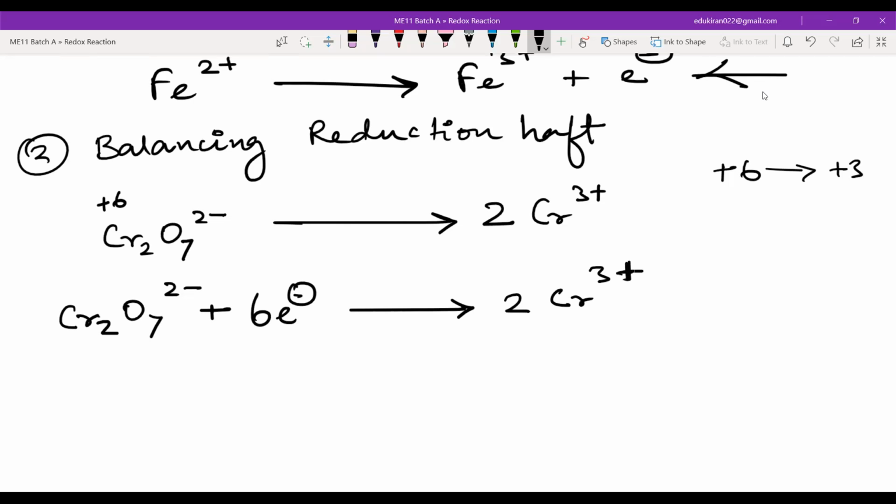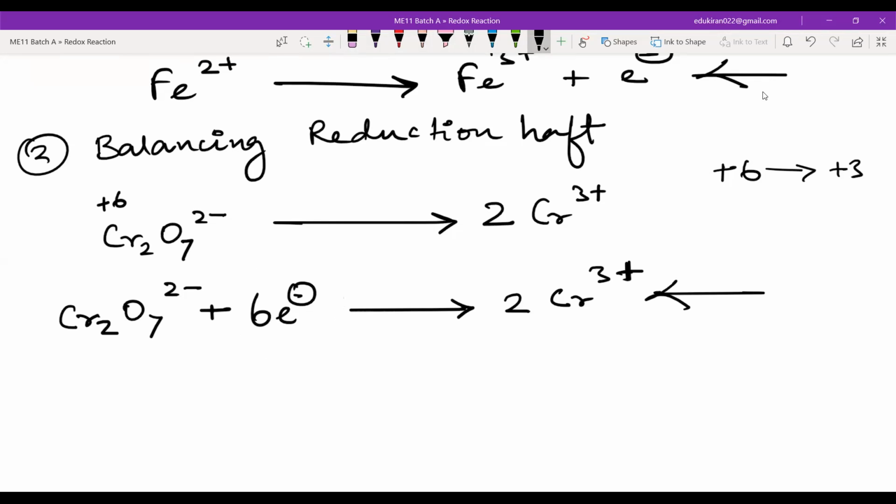You understand, na, that the chromium has the oxidation state plus 6 for Cr2 or Cr? Cr only. Why? Because you know how we calculate this? Cr2O7, 2 negative. For Cr2, we take it 2x, right? So we are calculating x. That means we are calculating for each chromium. So the first thing is that we are calculating for each chromium atom.